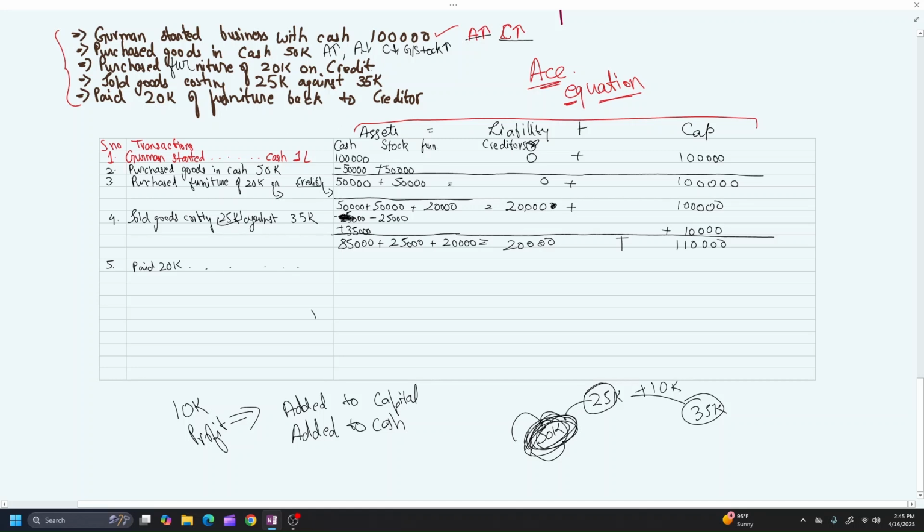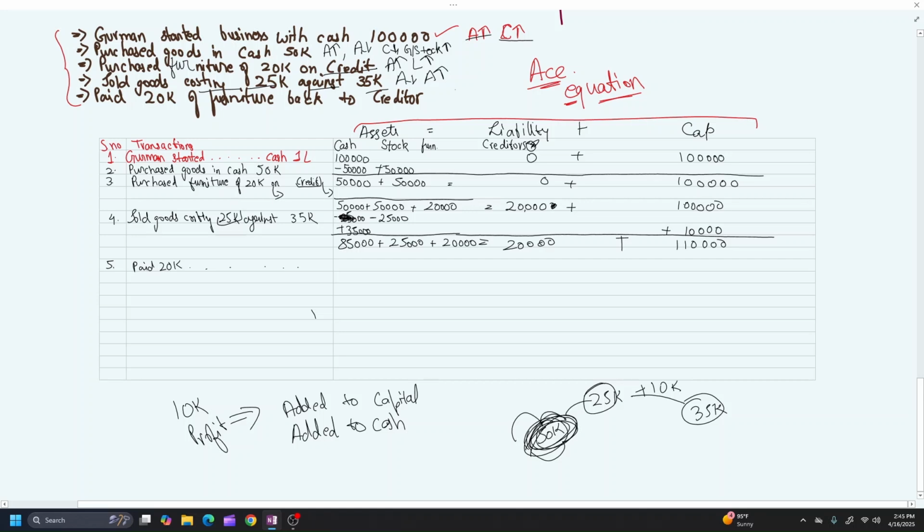Okay, I forgot to write on this. On purchase of furniture of 20k, asset is increasing, and on credit, liability is also increasing. Sold goods costing 25 against 35k, asset is decreasing because you are selling goods, as I have discussed earlier in this video only, you can just play back. And another asset, that is your cash, is increasing, that we did here. Okay. Now pay 20,000 of furniture back to creditor.